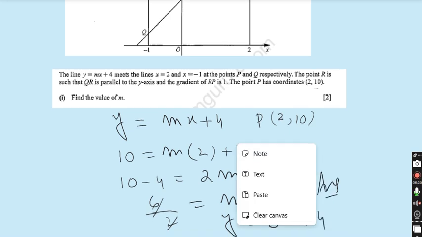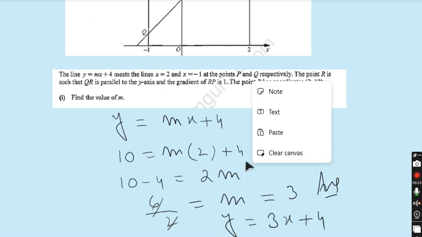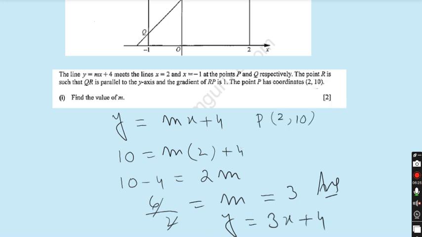So we will use this strategy, the gradient of RP.